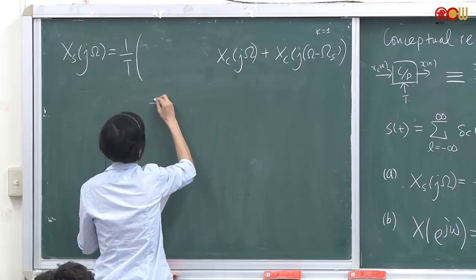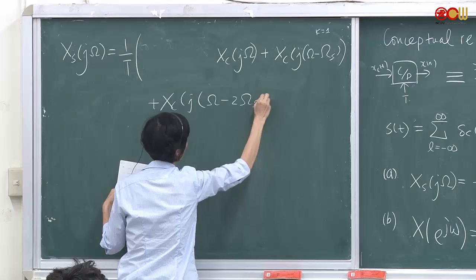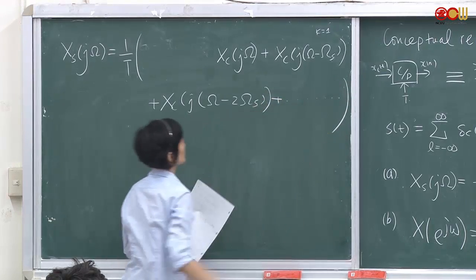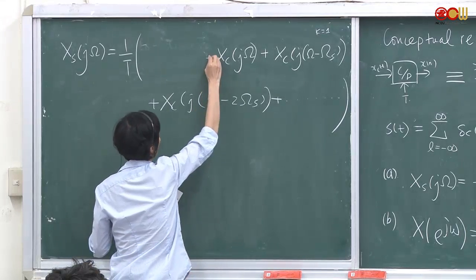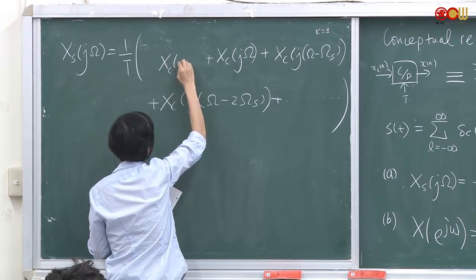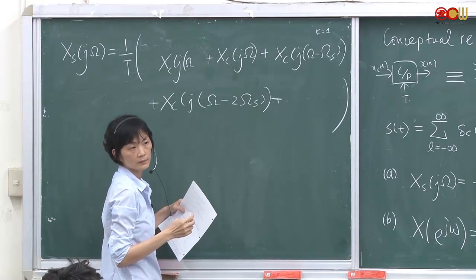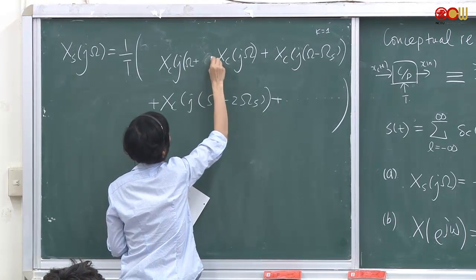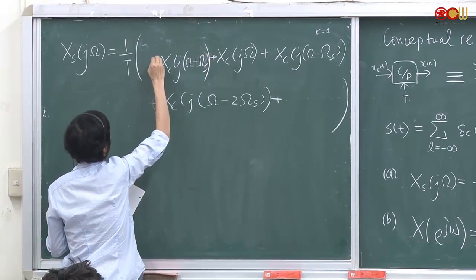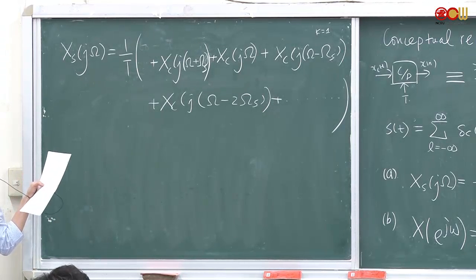Continue on, k equal to 2: ω − 2ω_s, and all the way to k equal to infinity. On the other end, k equal to −1 gives X_c(j(ω + ω_s)), and we continue on that side as well. So it's a huge summation.